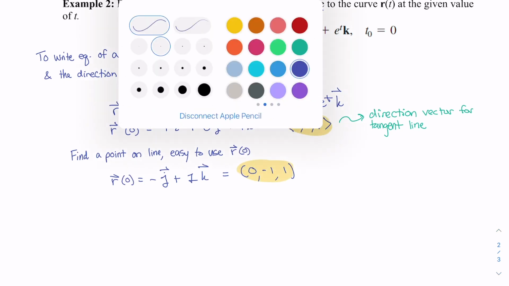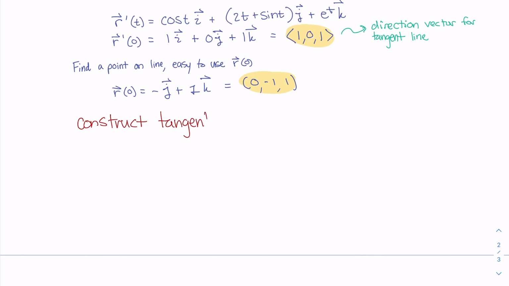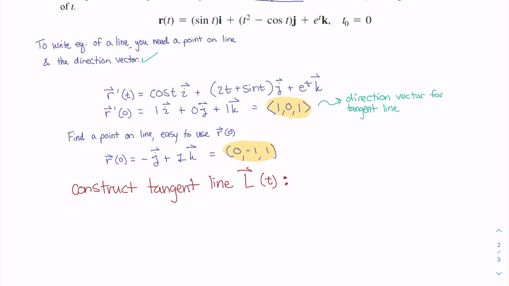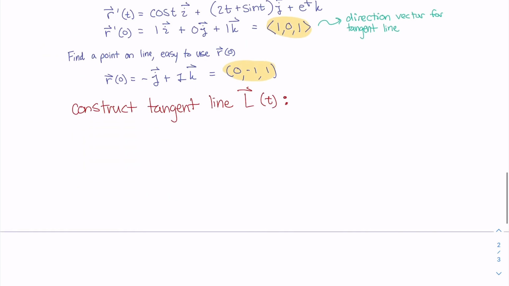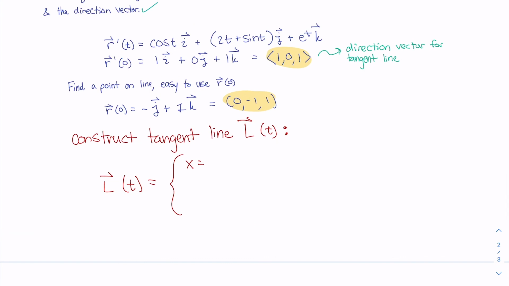So now we're going to construct our tangent line down here. I'll call that L of t. And it wants us to write it in the parametric form. Find the parametric equation. So L of t is going to be equal to: x is going to be the x initial position, which is 0, plus t times the x component of the direction vector, which is 1.